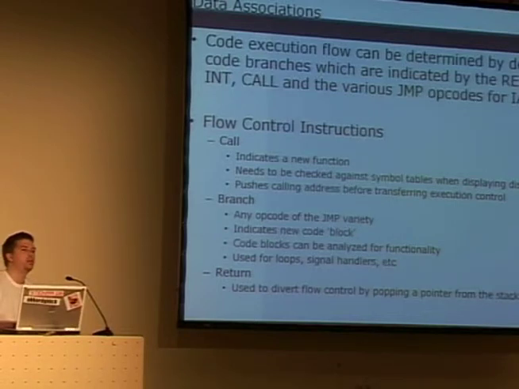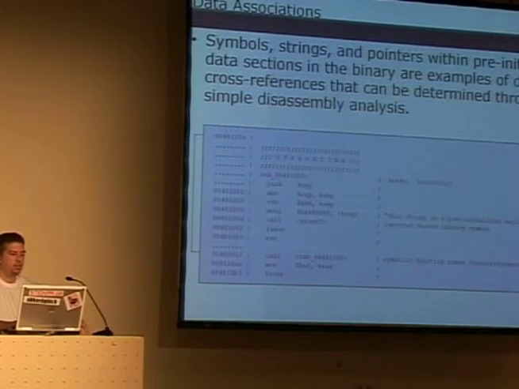Code execution flow is going to give us a graph of possible destinations within the code from various code blocks and what all the paths are through the code. And those can be determined through 3 basic assembly flow control instructions: calls, branches, and returns. And they can just be analyzed for functionality and creating this tree.